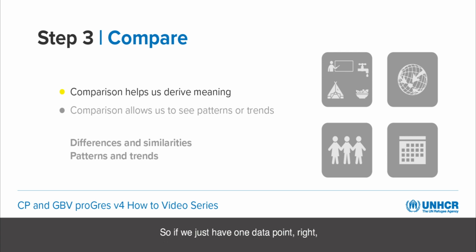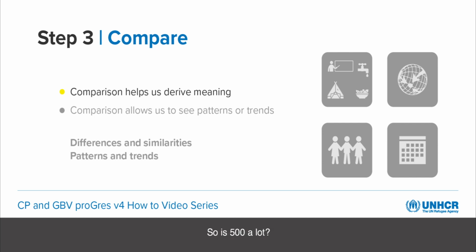So if we just have one data point, right? If I just say this month, there were 500 unaccompanied minors who came to our services. If I have an understanding of child protection case management, perhaps that number means something to me, but actually it really means nothing without understanding the context or comparing it to something.